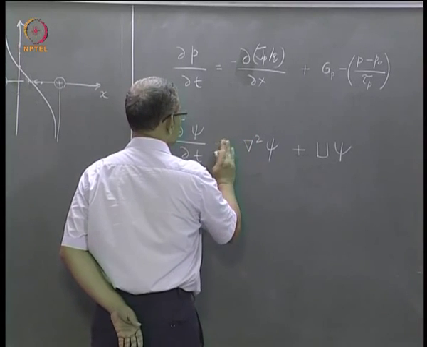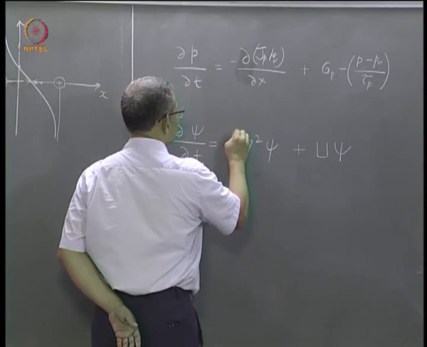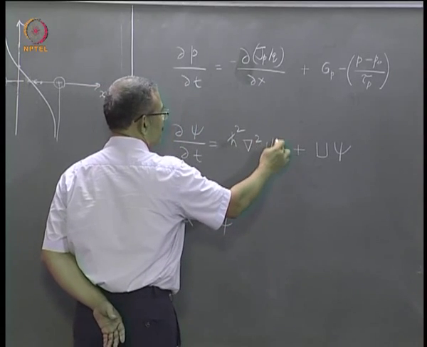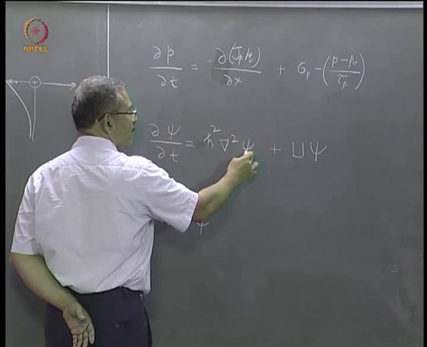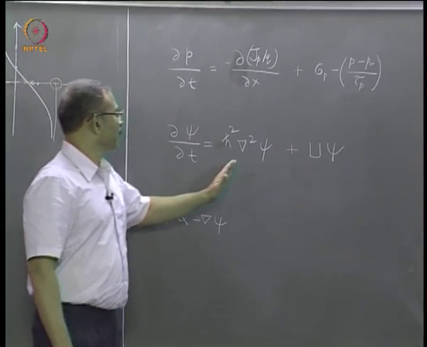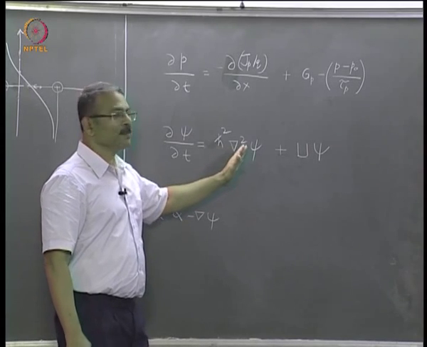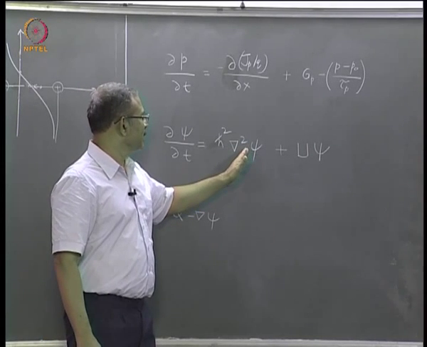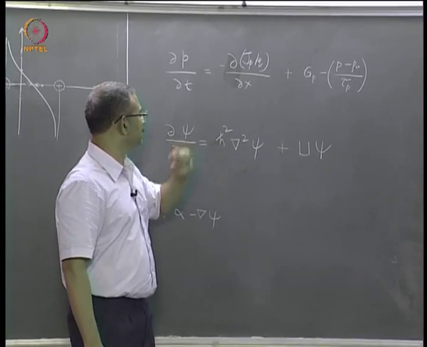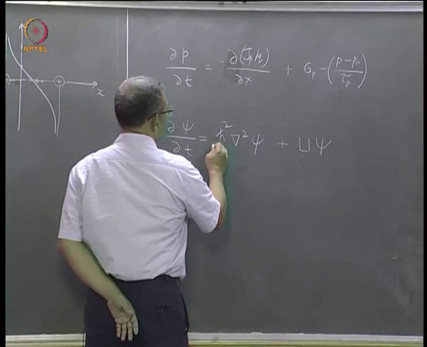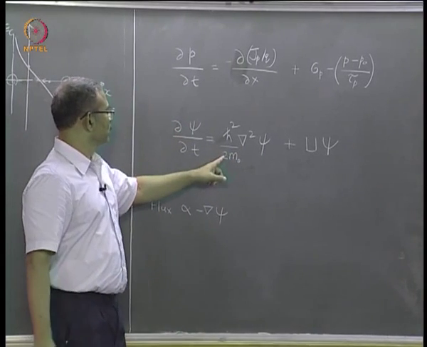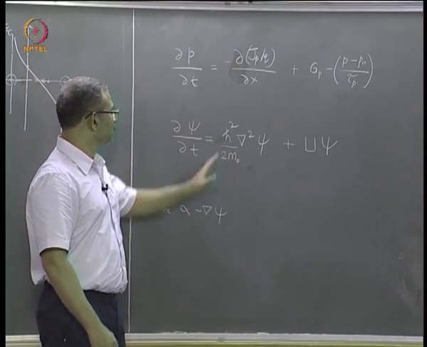So I can put here h cross square, and when I take del square of psi, since psi depends on wave vector k multiplied by the x dimension, I will get the k square term out of this. So this quantity becomes h cross square k square, now divided by the mass, so 2 times m naught, that is what is coming here.